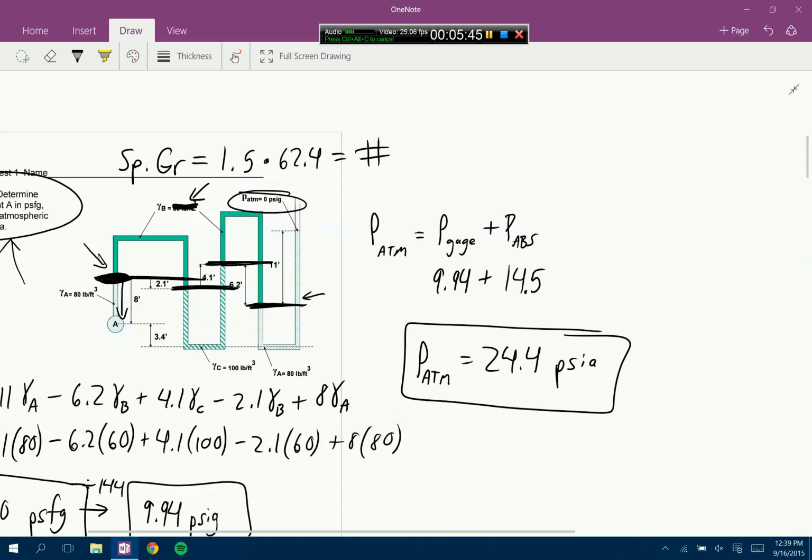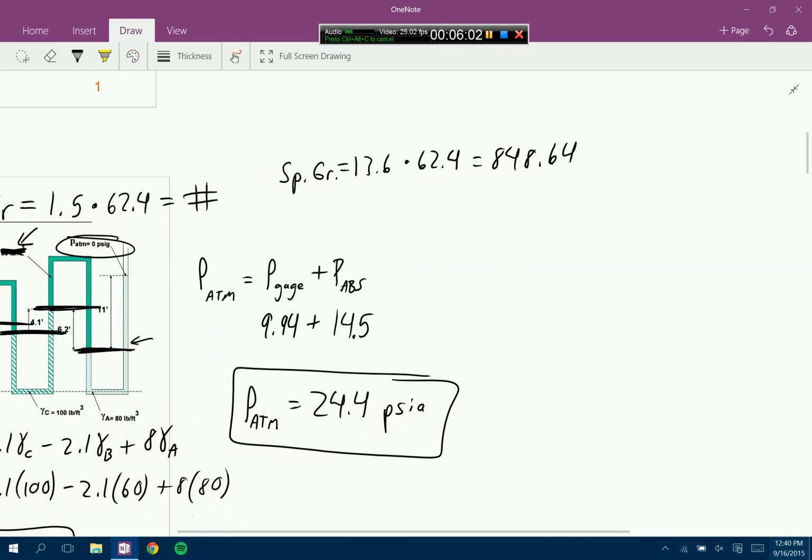A few ones that you'll use often: you'll be given the specific gravity of mercury, which is 13.6, and then you just multiply that times 62.4, and that value would come out to be 848.64, and that's the specific weight of mercury. That is gamma mercury.